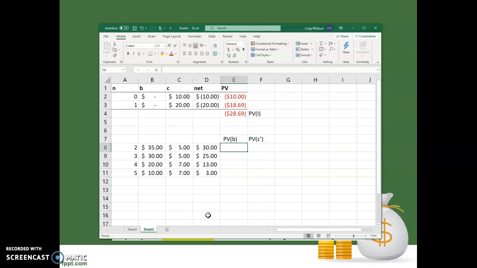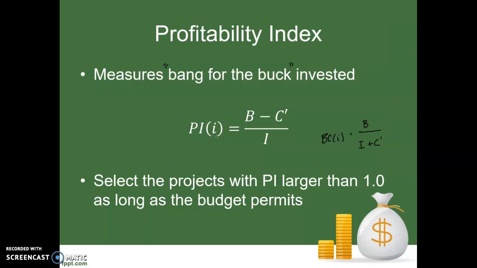Actually, I don't really need to do that, do I? Because let's go back and look at that formula again. So the profitability index is calculated by taking the present value of the benefits minus the present value of the cost. So we could find just the present value of the benefit and subtract from it the present value of the cost.